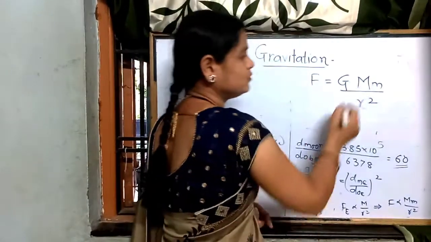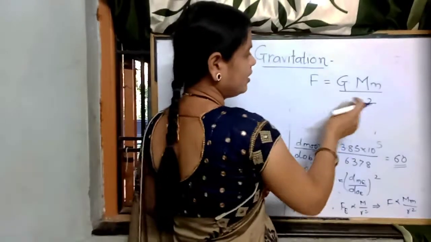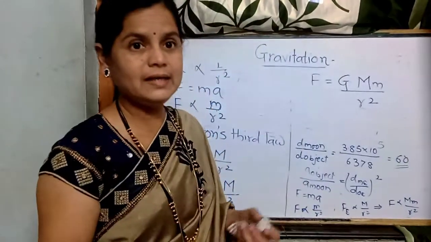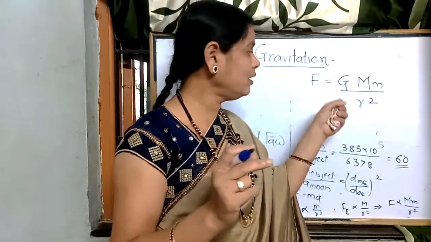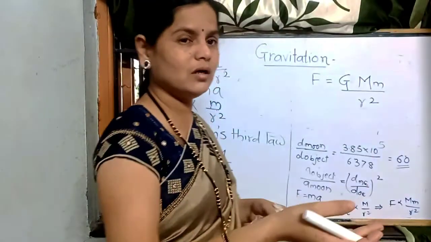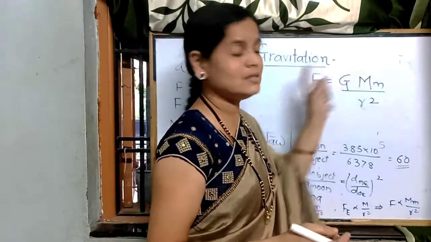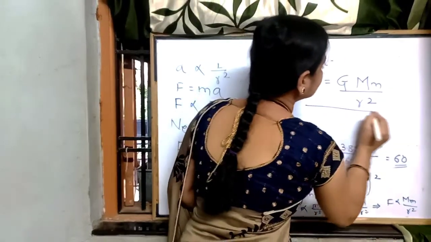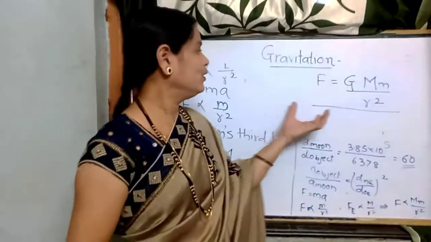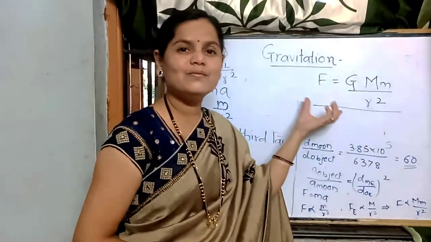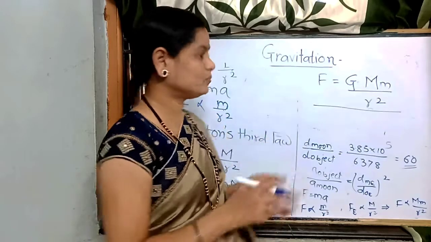R is the distance, we can replace it by capital R also. If the mass is situated on the surface of earth, or if it is at a certain height above the earth, then it is r plus h. So we can write here F is equal to G M m upon r square. This is how Newton's law of gravitation was proposed.